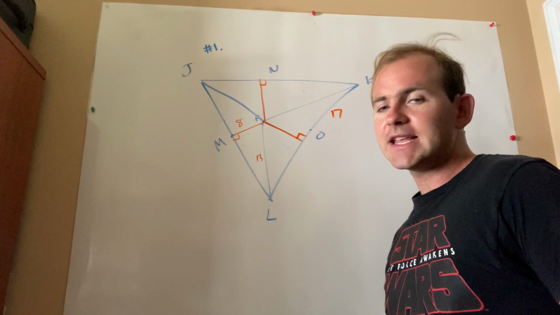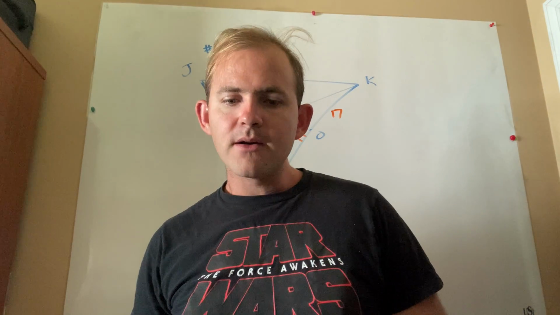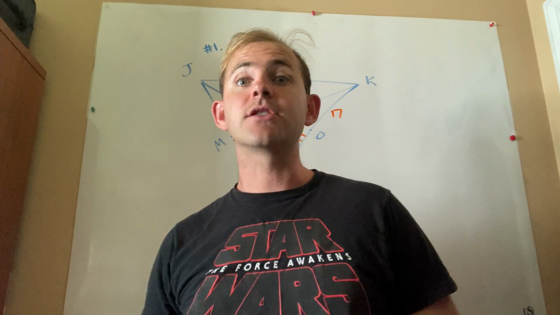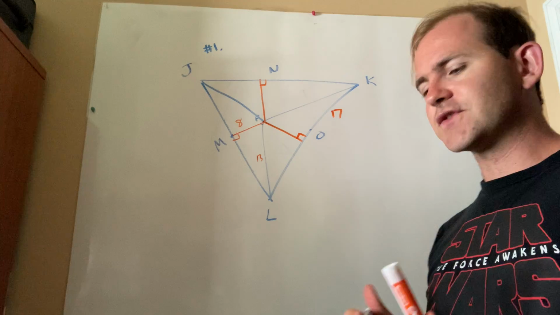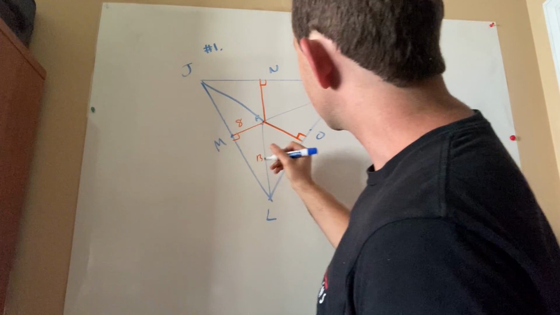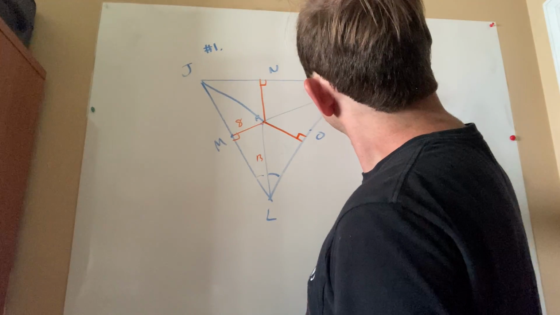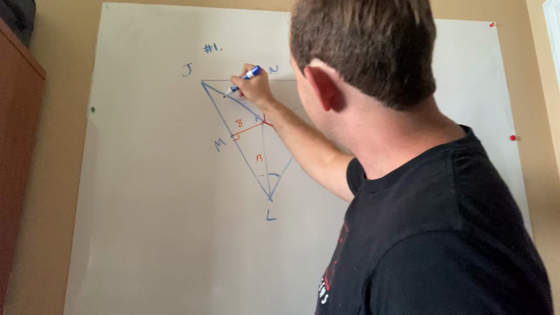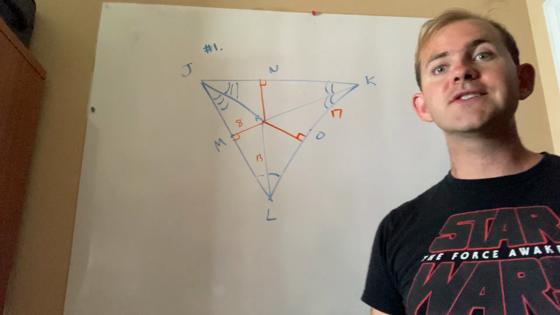Okay, guys, so with that being said, let's take a look at what we actually know about this particular triangle. Because the incenter is formed by the angle bisectors, what we automatically know is that these two itty-bitty angles are the same, these two itty-bitty angles are the same, and these are the same.